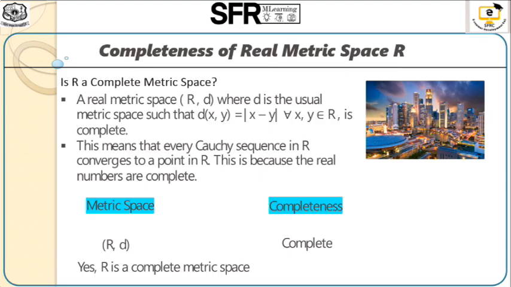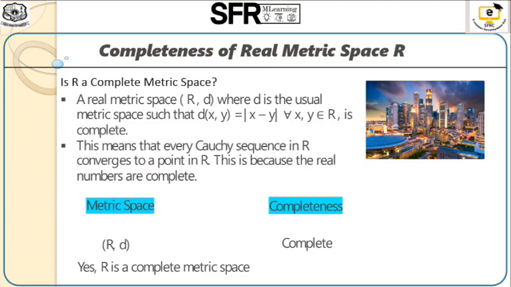If we consider any Cauchy sequence in this metric space, it will converge to a point in R. Hence, we conclude that the real line R is a complete metric space.